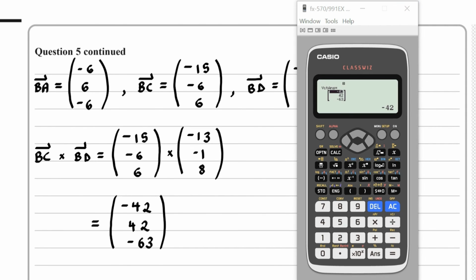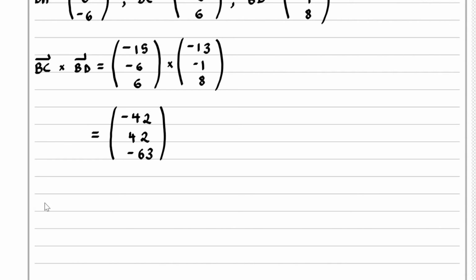So the volume of A, B, C, D, I've got 1/6 multiplied by BA dot with the cross product between BC and BD.